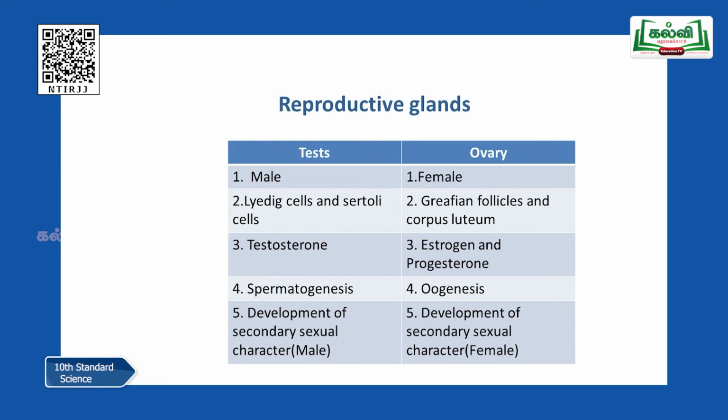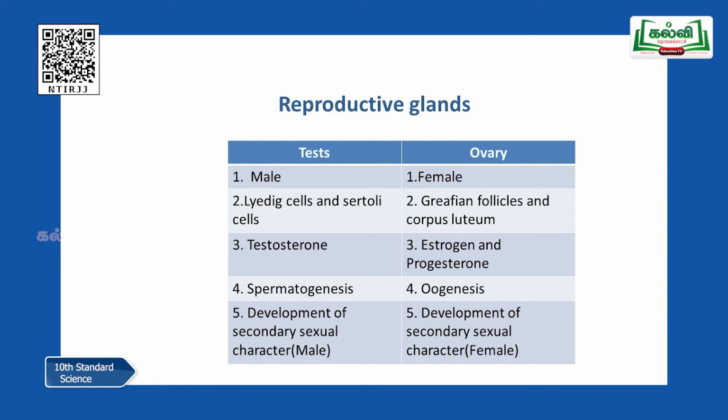So, in the maturing stages, the sperm gets matured and is ready for the next process. That is called spermatogenesis. This is the formation of sperm. Oogenesis is the formation of egg in the ovary. In the ovary, the egg formation process is called the oogenesis process for females.